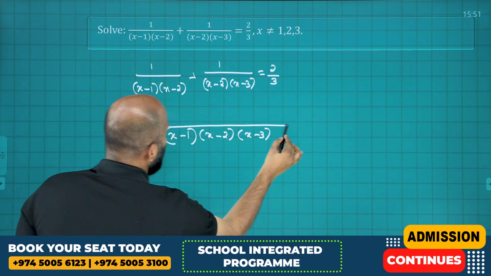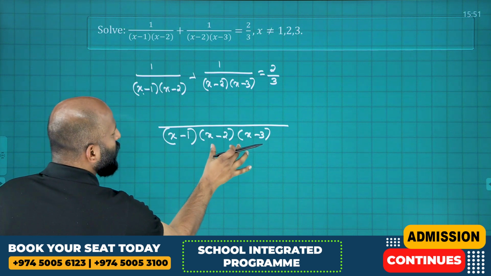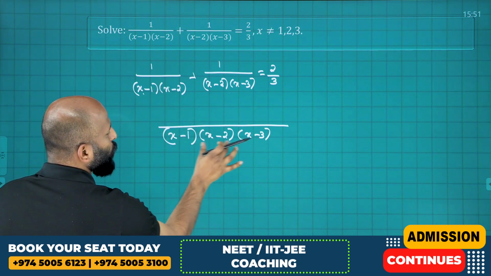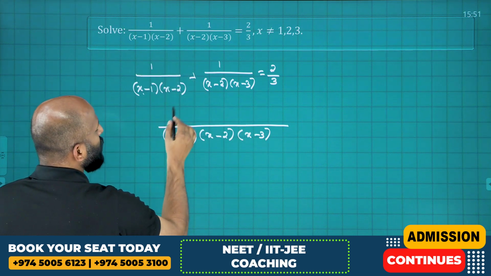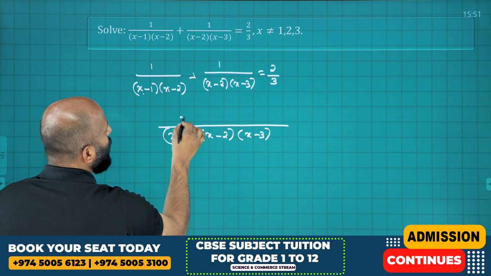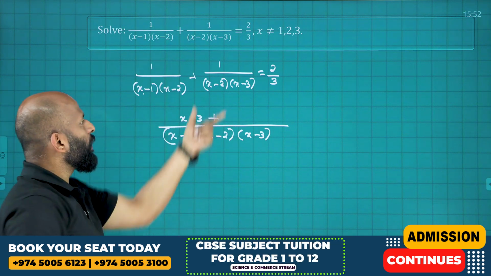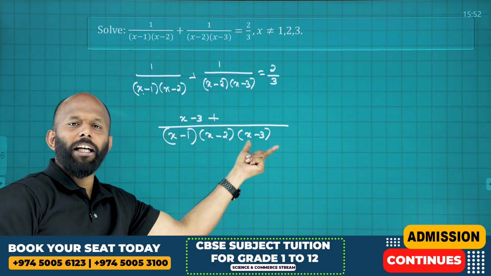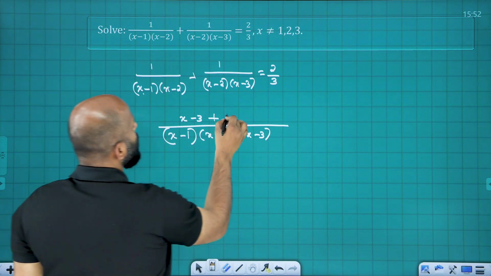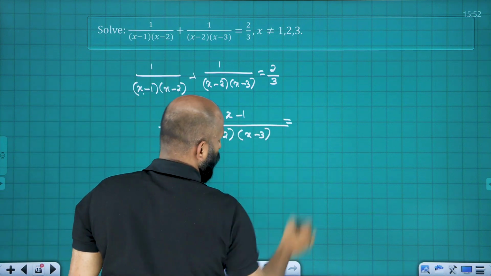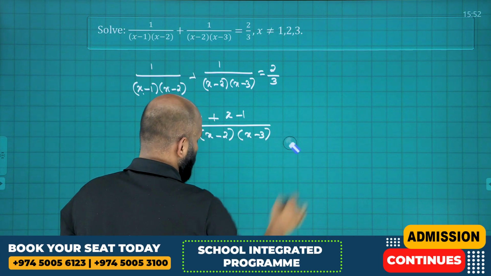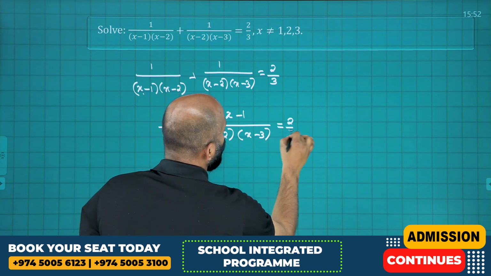Then when we compare this denominator with the LCM, x-1 and x-2 are there, x-3 is the missing term, so in the numerator, 1 into (x-3). Plus, when we compare the second, x-2 and x-3 are there, x-1 is missing, so 1 into (x-1), equal to 2/3.